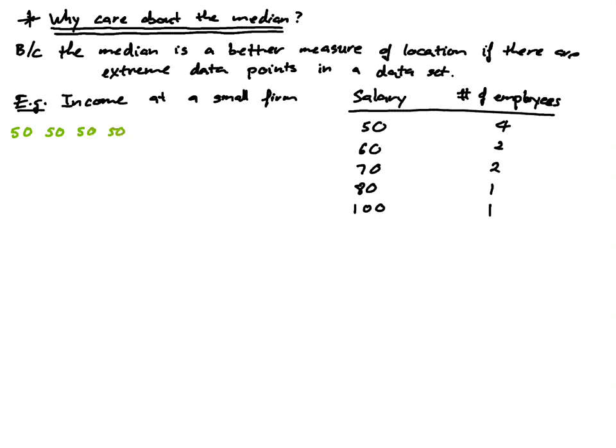And then I have 2 people earning $60,000, so 60 appears twice, 70 is gonna appear twice, 80 appears 1 time, and then 100 appears 1 time, right? Now if you do the math, that gives you a mean of 64,000.